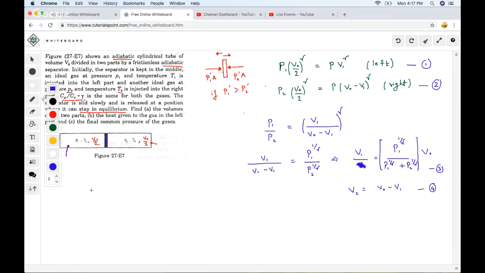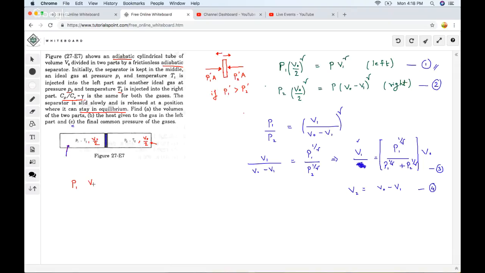All right. Now part C asks for the common pressure of the gases. Once you get V1, you can substitute it in equation number 1 and you will get the value of P. Let's try to get it quickly.